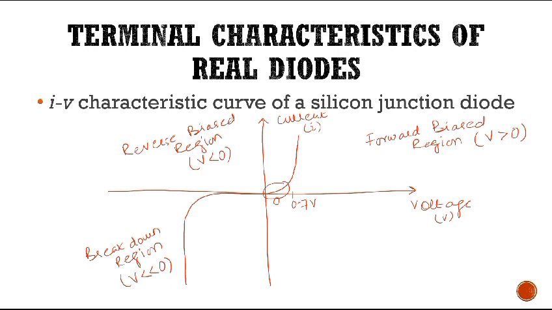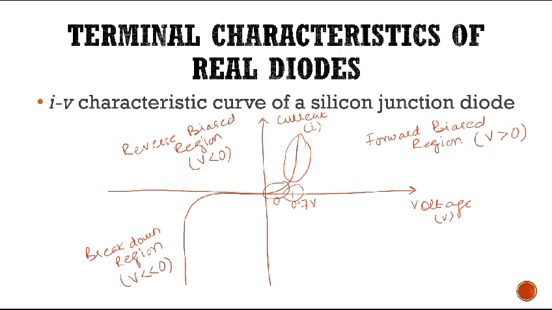Now, as it is assumed that a conducting diode has approximately 0.7 volts voltage drop across it, after this point, the forward voltage remains nearly constant. As you can see here, this forward voltage is nearly constant, but the current is increasing exponentially or rapidly in this forward biased region in the positive vertical axis.